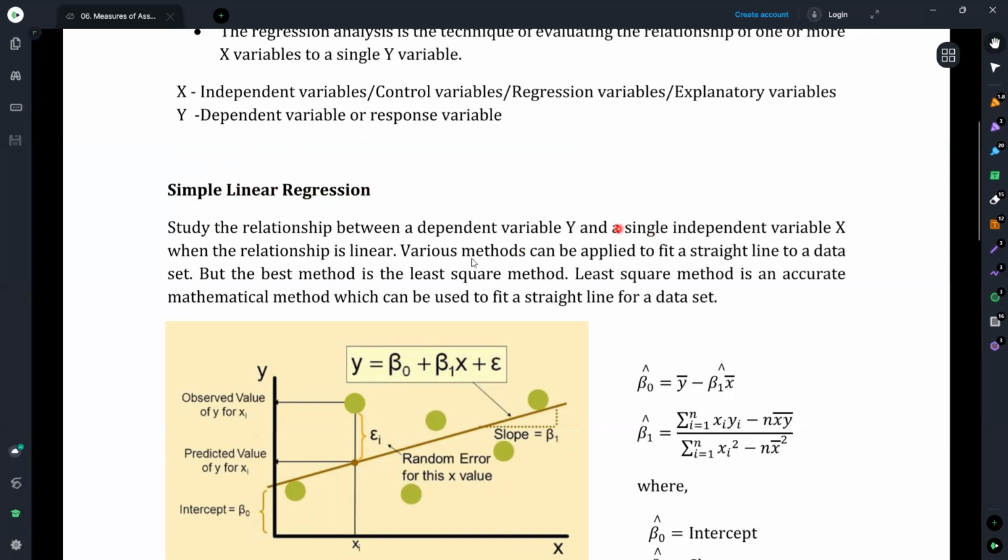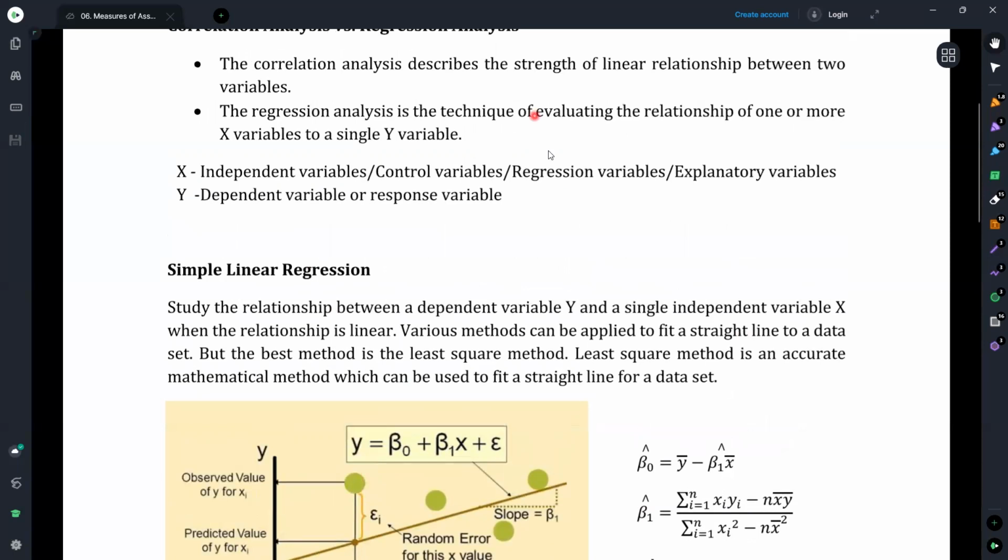When we are plotting the scatter plot, you may remember that I said we may have several lines, but always we use the best fitting line. As an example, suppose you have a scatter plot with x-axis and y-axis having two variables, and this is the set of values that we have observed.